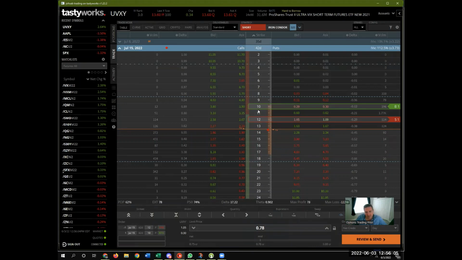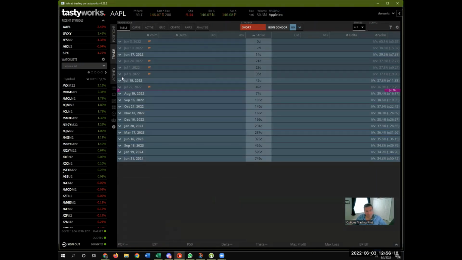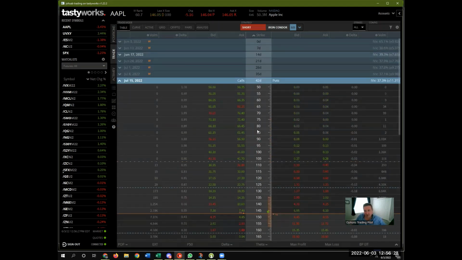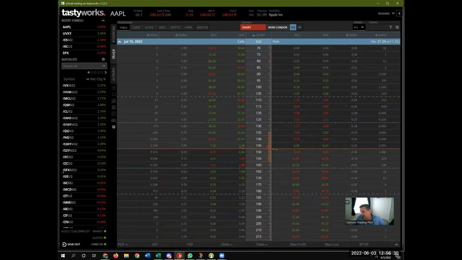So it really doesn't matter too much. I do try to focus. I like strikes that are 1-point wide, like 12, 11, 10, or 5-point wide, like we have with Apple. Here, these are 5-point wide. When they start getting 10-point wide, I would prefer to stay away from those because I like a little more flexibility. So we'll keep moving here.